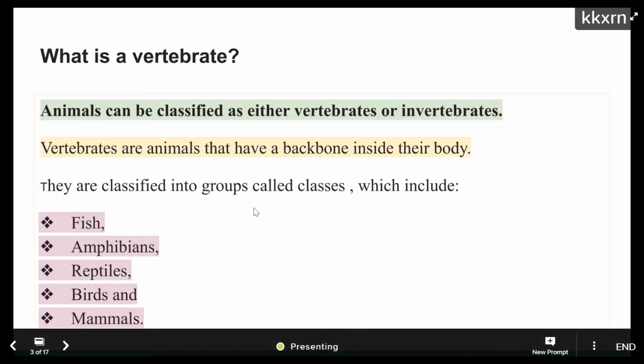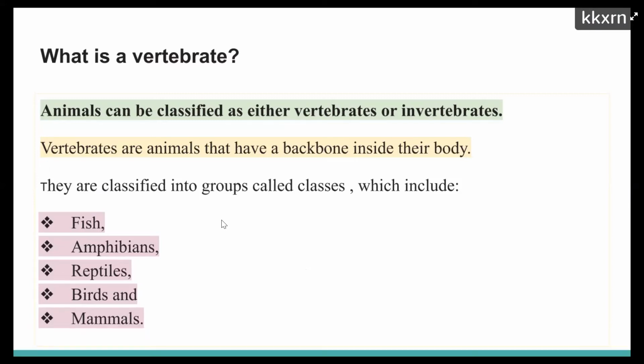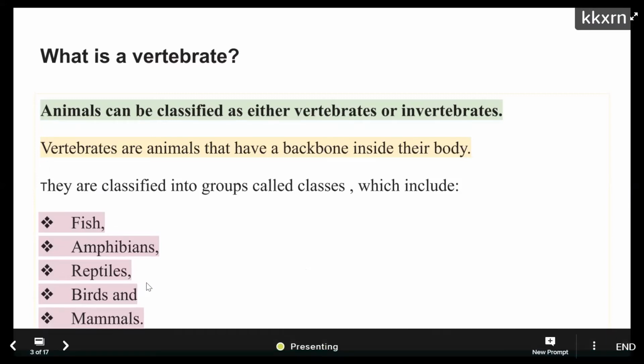The five major groups or classes of vertebrates are as below: the fish, amphibians, reptiles, birds, and mammals. Each of these classes has specific characteristics which classify them according to the names that are written here.